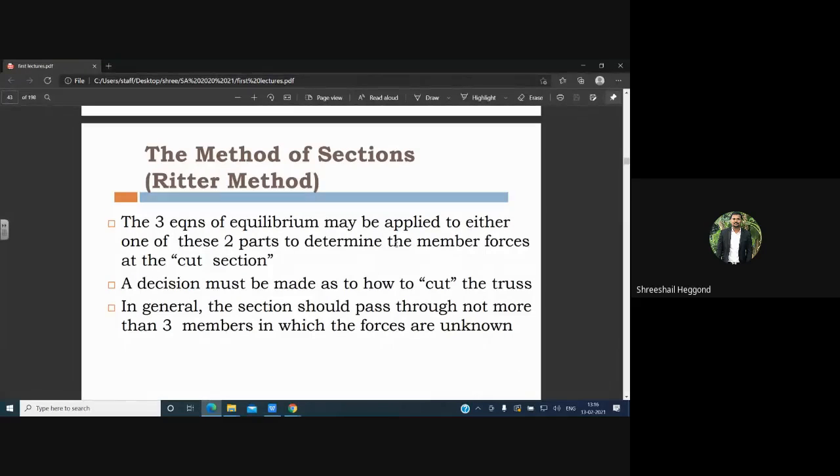Therefore, when you are cutting a truss, the maximum number of members passing through that cut should not be more than 3. Keep that in mind, so that the number of equilibrium conditions and the number of unknown member forces equate, and you are able to analyze the numerical.